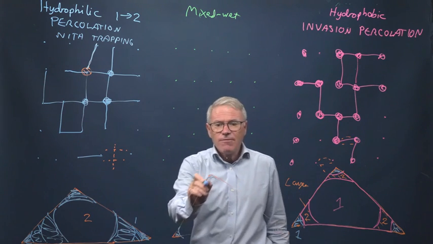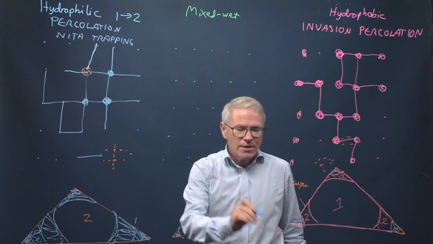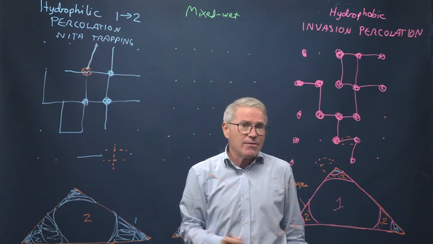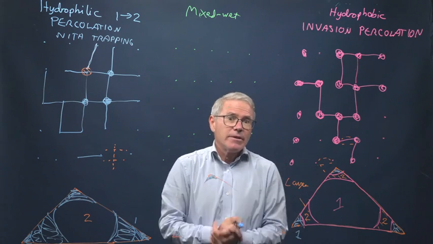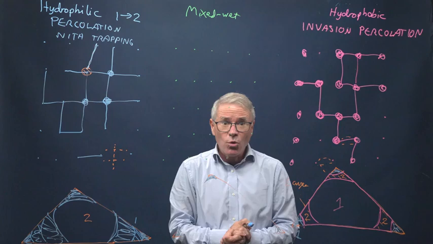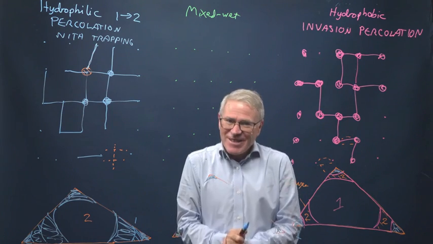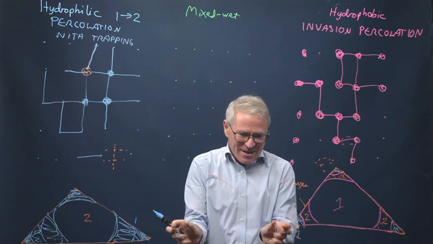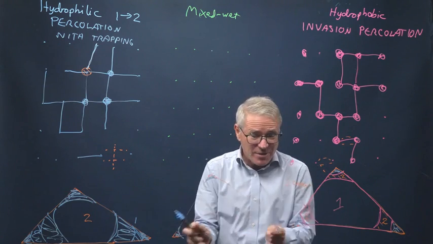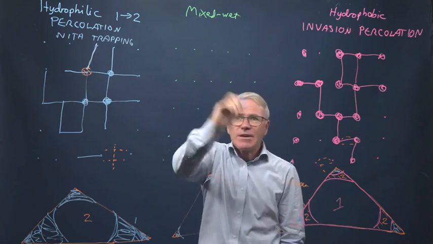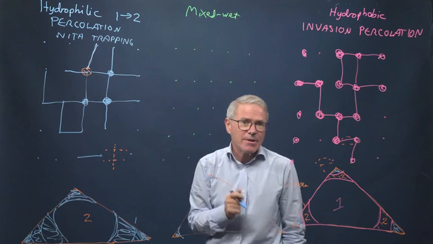You can flow through the layers, and the interesting thing is there is connectivity through the layers, even if this turns out to be a hydrophobic, oil wet pore. There's still the phase there, phase one, which was originally a wetting layer. It's no longer a wetting layer, but it's still there, so it still allows flow. So in fact, you can flow anywhere in this network.